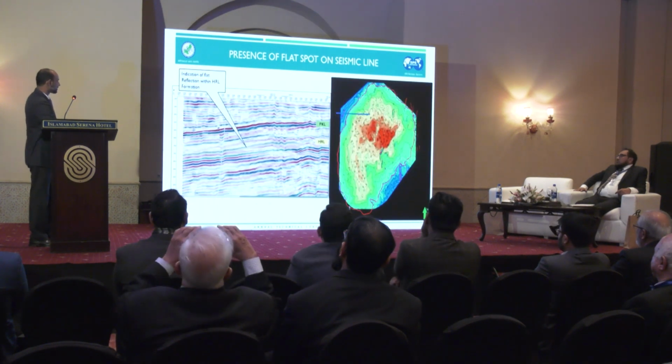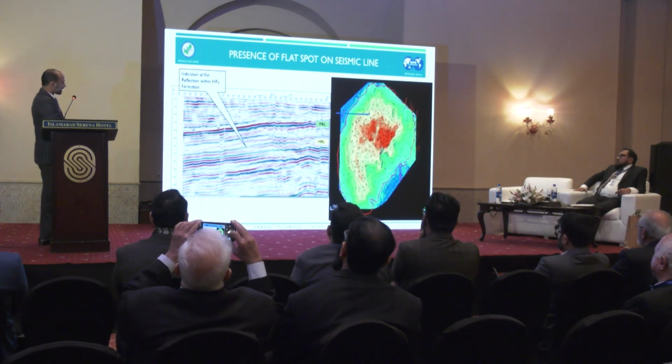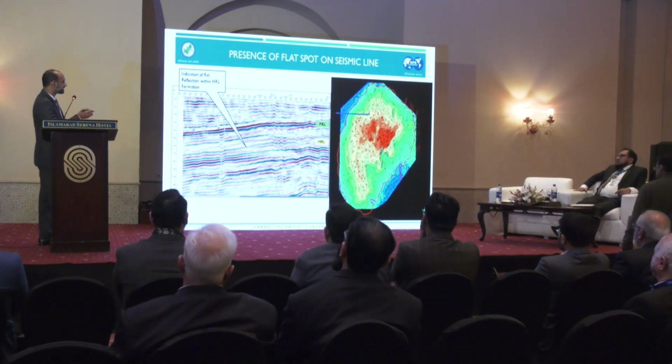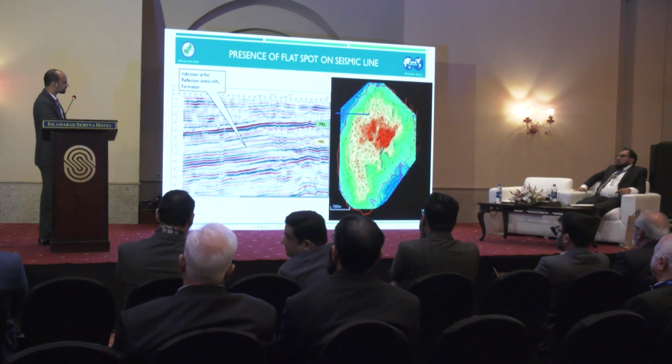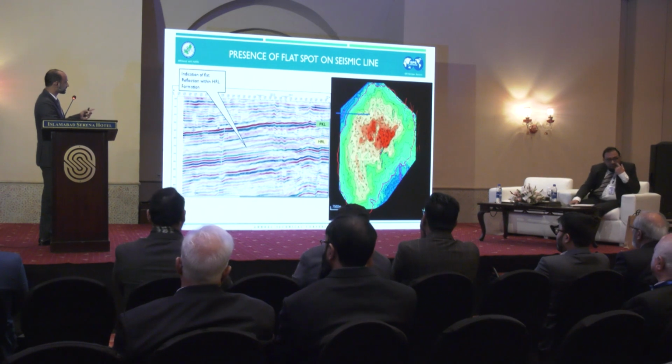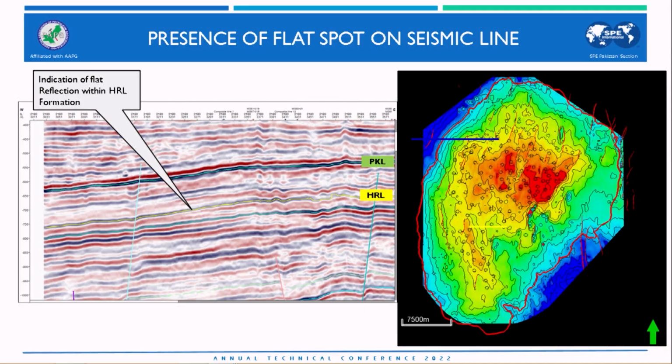Moving towards the last part, the observation of these kind of flatter geometries which led us to this work is the identification on the seismic line. This is the seismic section. It is the depth structure map, and the blue line is showing the location of the section, and you can see the red gas-water contact on the map as well.